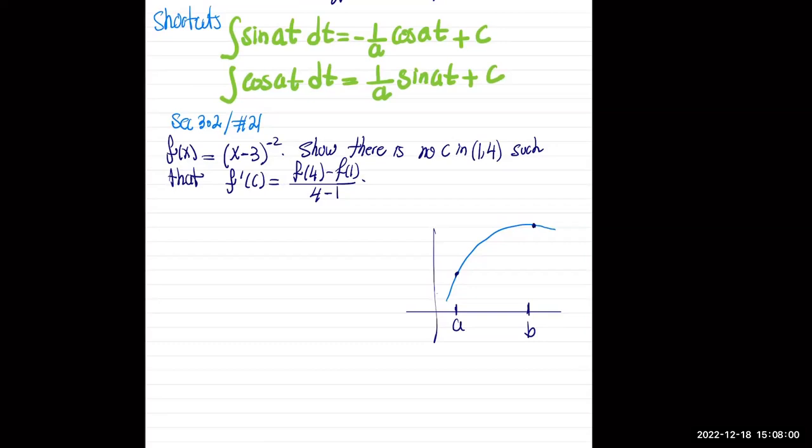Okay, so this is the line going through those. This is the line through the endpoints.